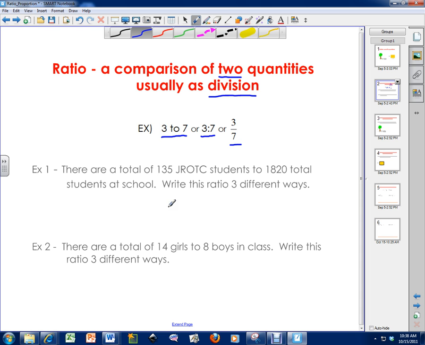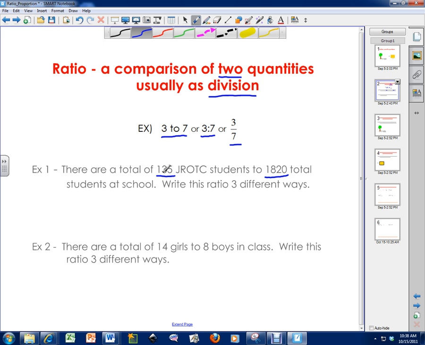But I'm going to use this as a more real-life example. There are a total of 135 junior ROTC students to a total of 1,820 students at school. Write this ratio three different ways. Well, I'm going to write this ratio using these three different ways up here. But what comes first? Is it the 135 or is it the 1,820?